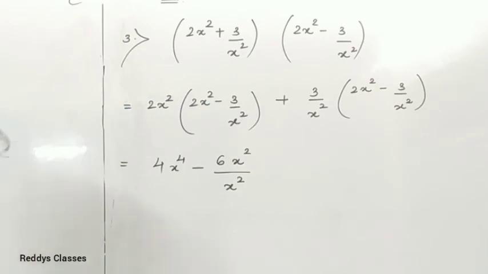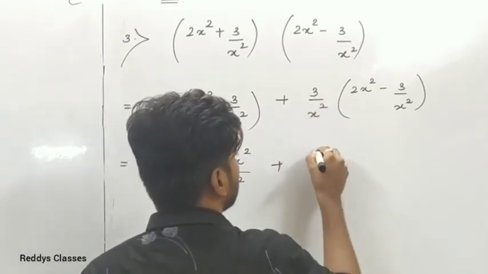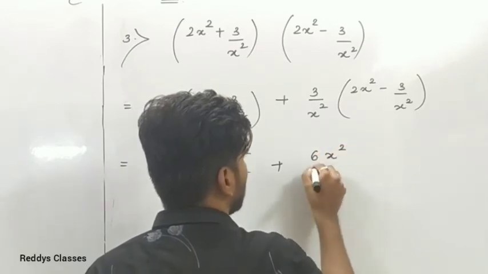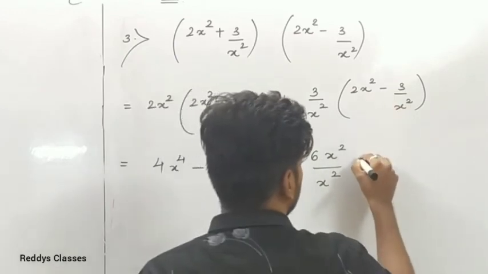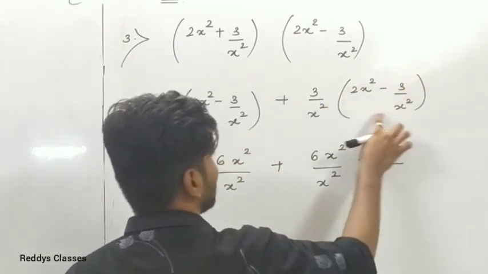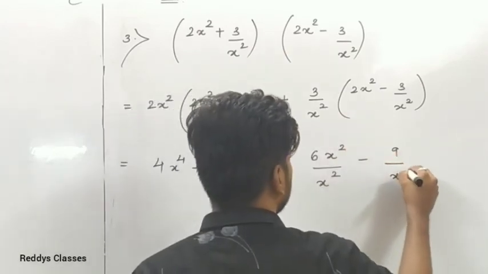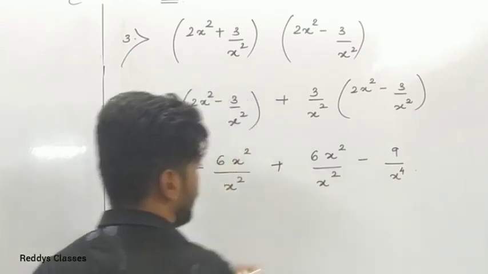Okay, let us first write the equation now. Plus 3 2s are 6 x square upon x square, plus minus 3 3s are 9 upon x square into x square is what? x power 4.